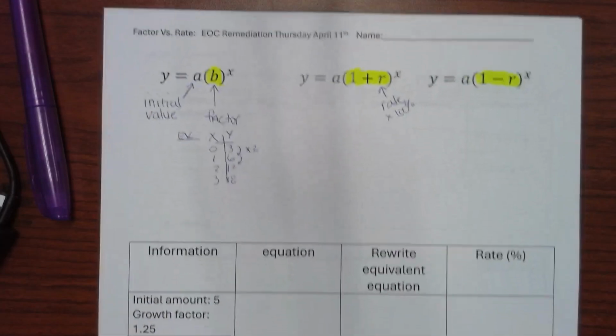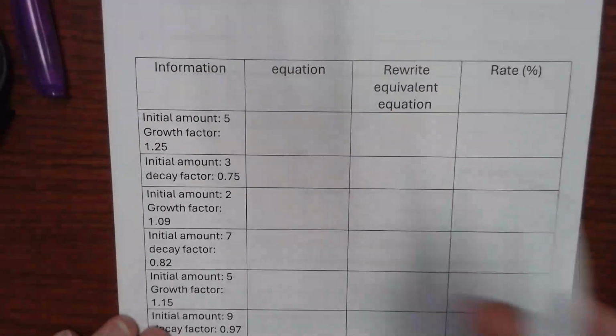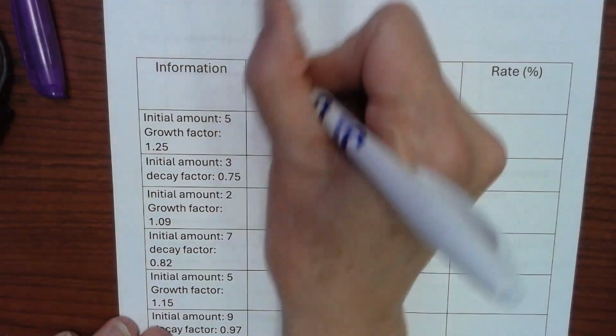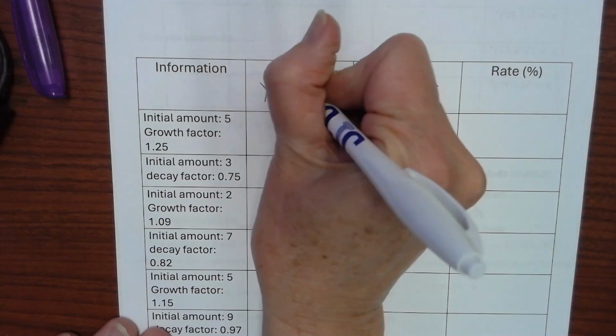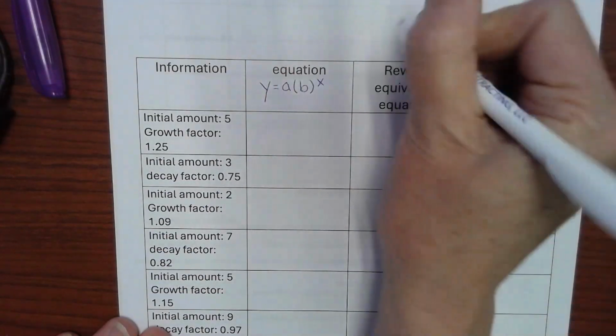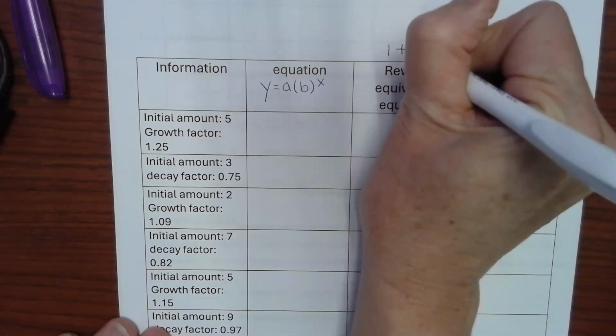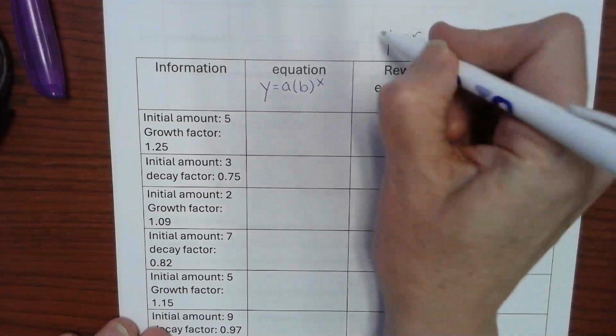So, here we go. First of all, I'm just going to rewrite my equations down here so I remember what they are. We're going to write y equals a b raised to the x. And to rewrite the equivalent is where we're going to replace it with this 1 plus r or this 1 minus r.